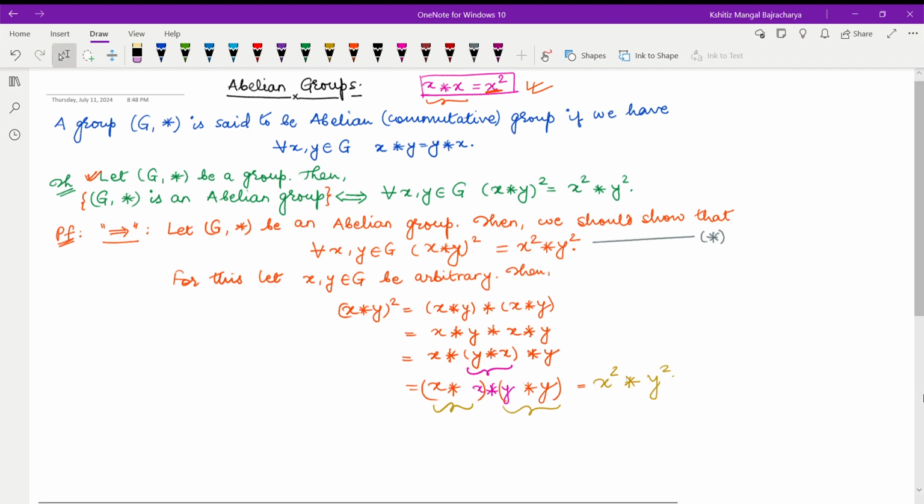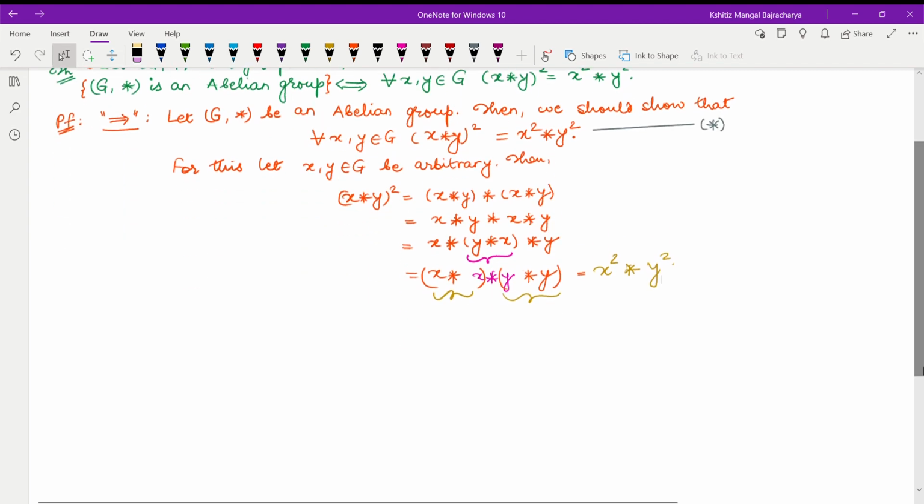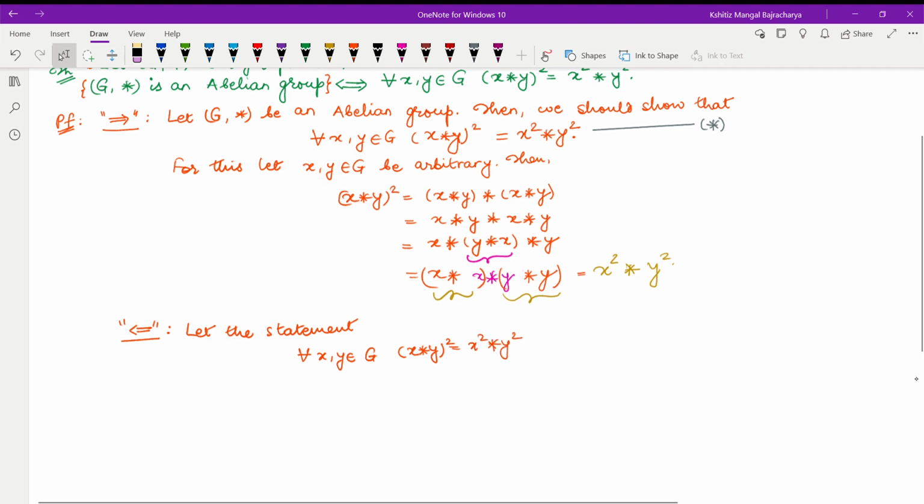Now let's prove the backward implication. For this part, let the statement for all x, y in G, (x star y) squared equals x squared y squared be true.